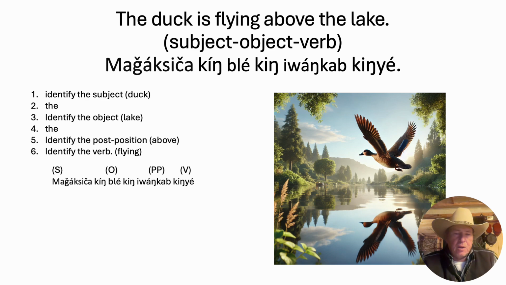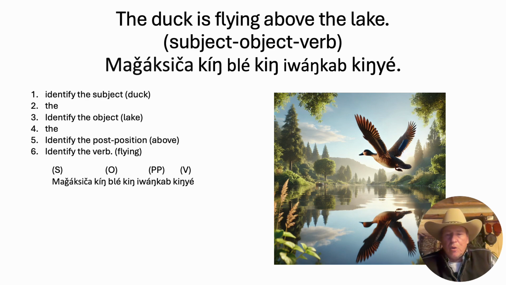And if we look down at what we identify, the subject is the duck. And as you're making your little list, put the next. So the duck, the, mahaksichaki. So duck, the object is the lake. And then we can do the again because we're talking about the lake. Then if you want to put your postposition in next, his postposition for this duck is above the lake.